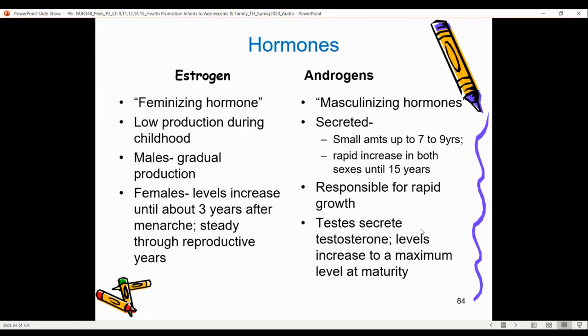And for girls, it is a level that kind of goes up and down during the cycles. For boys, it is a steady level that will stay at a steady kind of pace throughout their adult lives. It really doesn't drop off for a lot of men until they're hitting later adult years. Sometimes not as much until like 80s or 90s. So for females, it'll drop off more significantly with menopause.